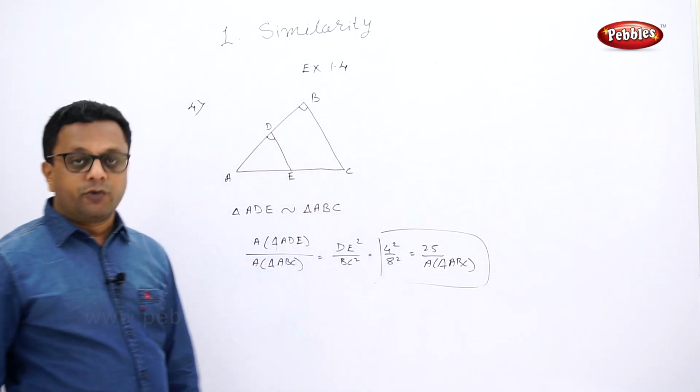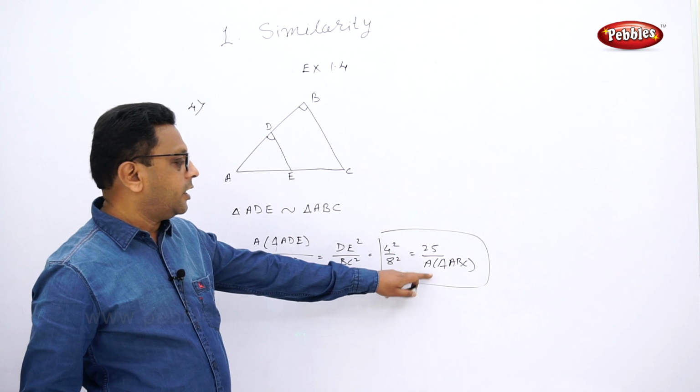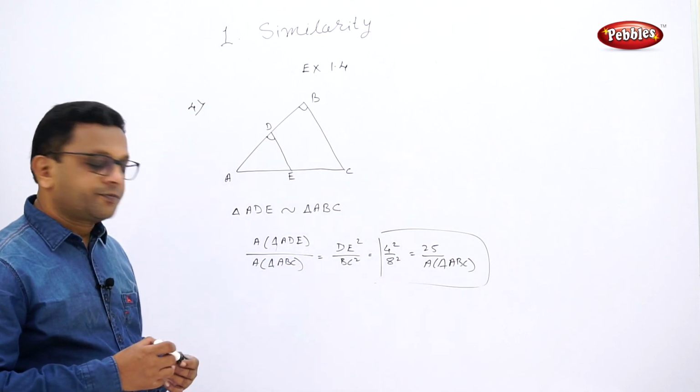From the second step you will get this and you have to just find out the area of triangle ABC.